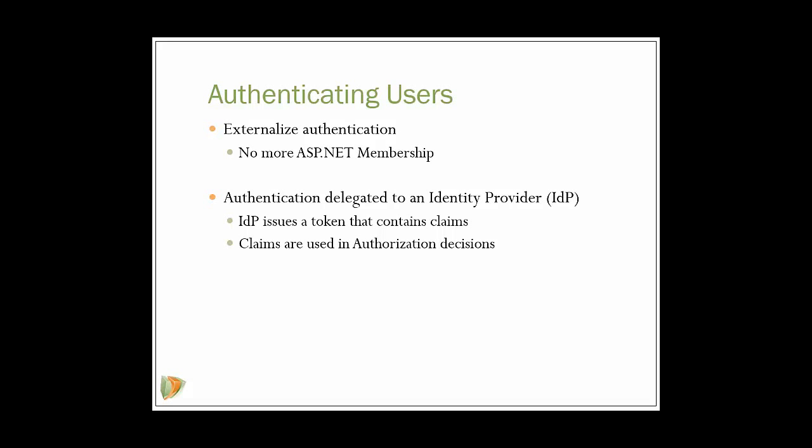By far the most popular claim that anyone would ever get is a group membership claim. So this user is in the accounting group or the executive group, and that's what we typically have done in the past, by looking at group membership. That's what we're talking about with claims authorization decisions.